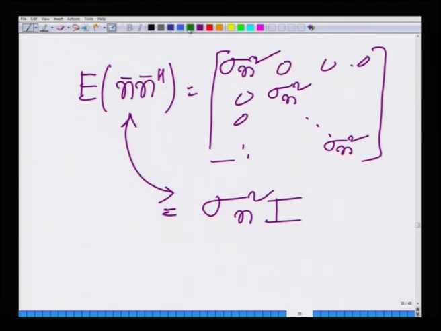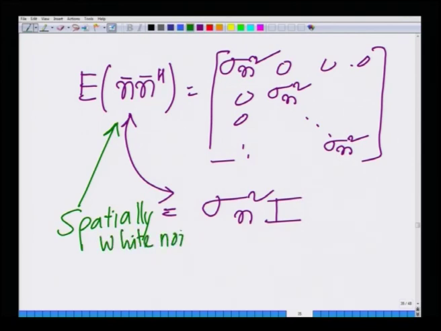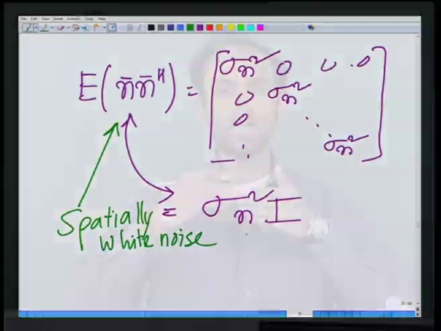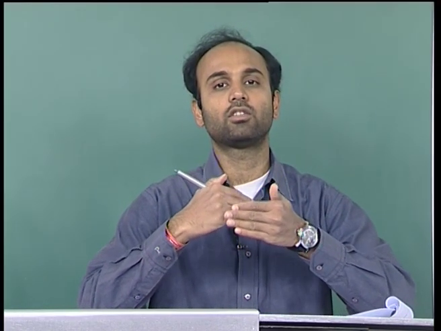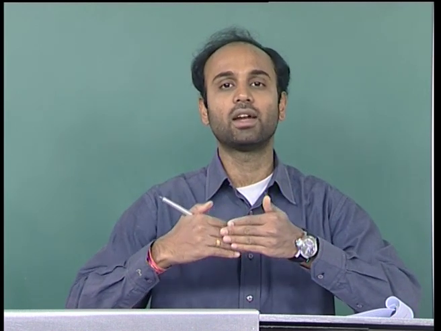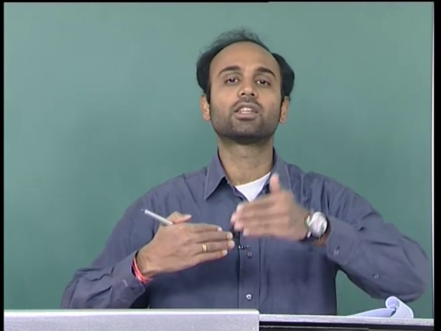This is also termed as being spatially white. That is, across space, the noise at each pair of receive antennas is uncorrelated, that is, it is white across space.